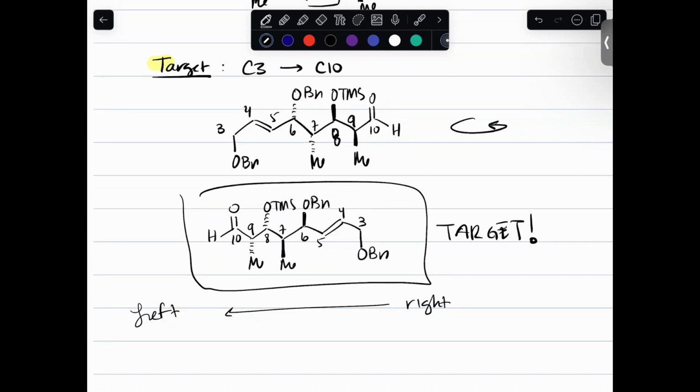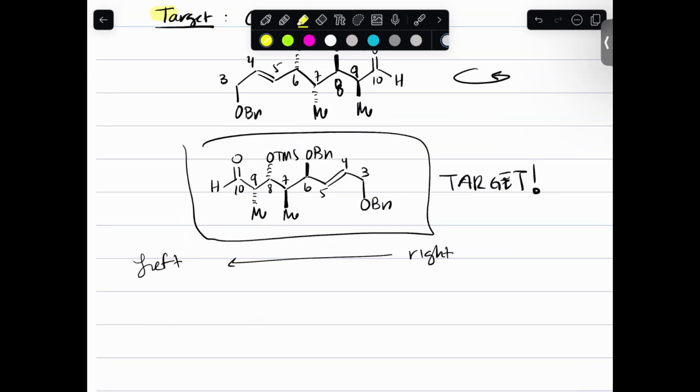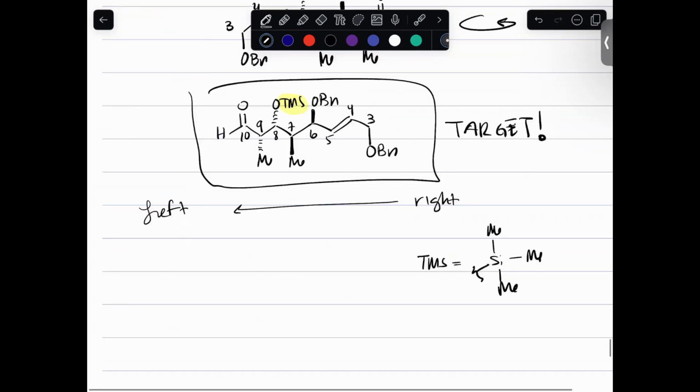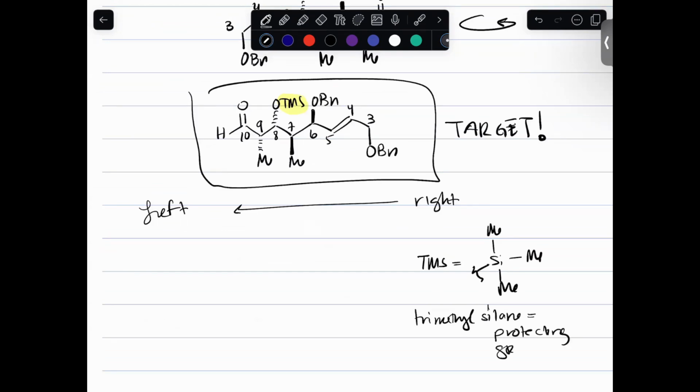The other thing that I want to talk about is this group, and we'll discuss it a little bit more as we're going through the synthesis. TMS is trimethylsilane. And it is a popular protecting group for alcohols.